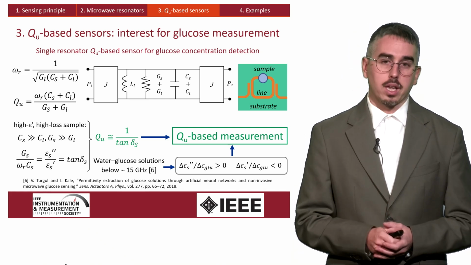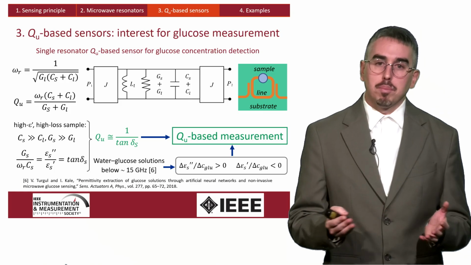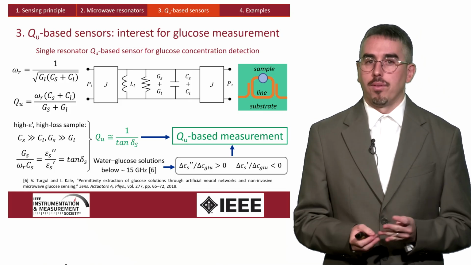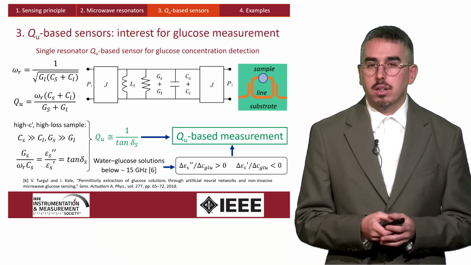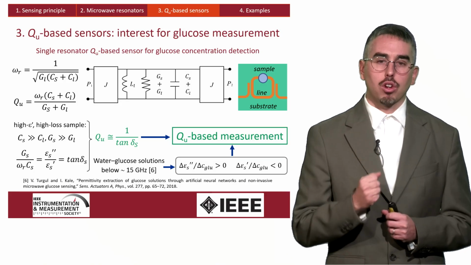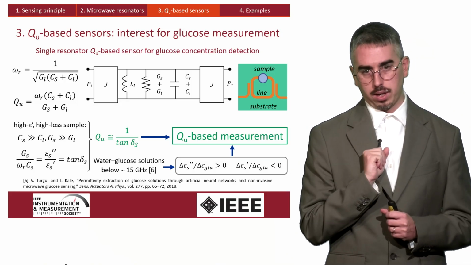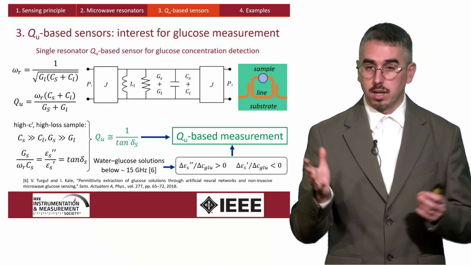For example, we can go back to the simple theoretical model of the microwave resonator, in which we have included the contribution of the presence of a dielectric sample, such as water.